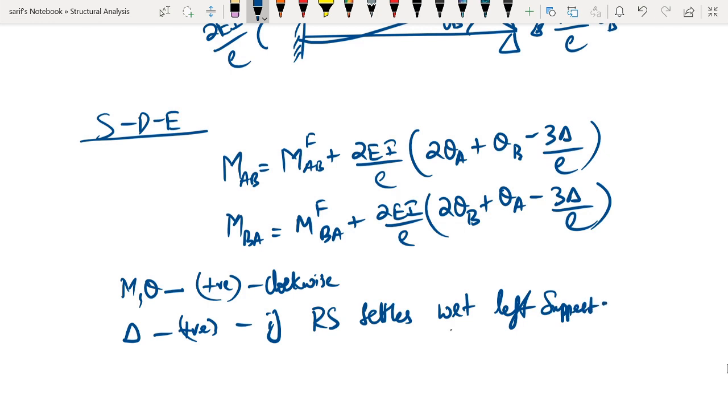So this is basically what is known as the slope deflection equation. In the next lecture, we will try to solve problems using the slope deflection equation. Thank you.